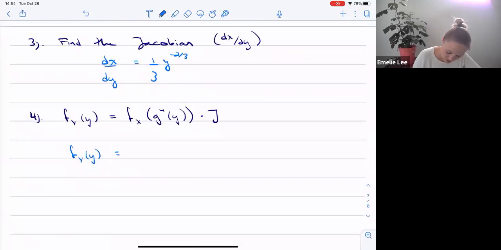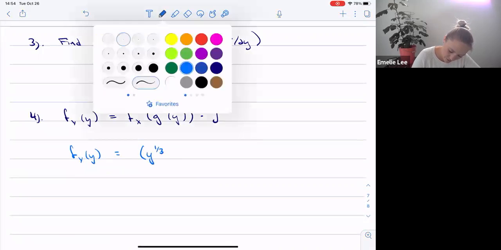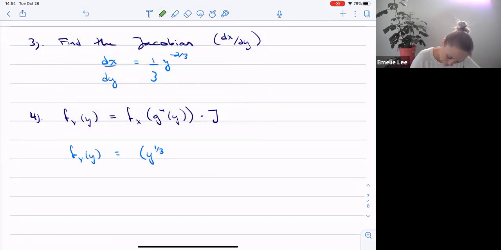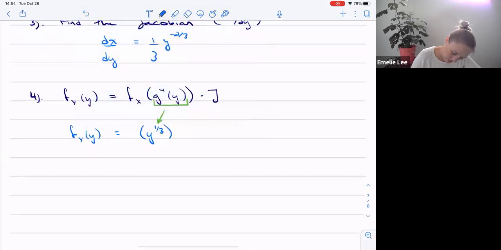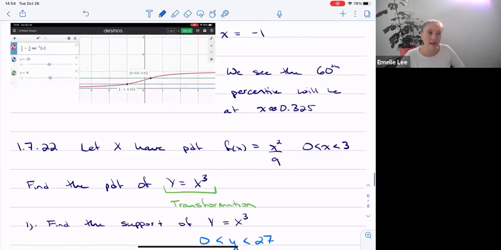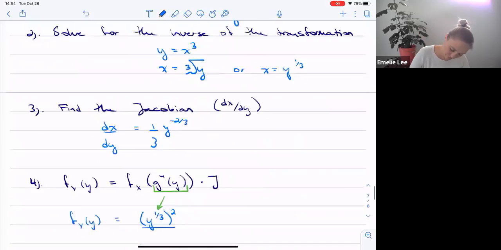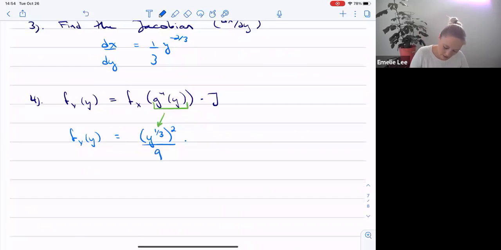So this becomes y to the 1 over 3 squared over, shoot, I think it was 9. Yeah, x squared over 9. Over 9 times the derivative, which we just found, 1 over 3 times y to the negative 2 over 3.